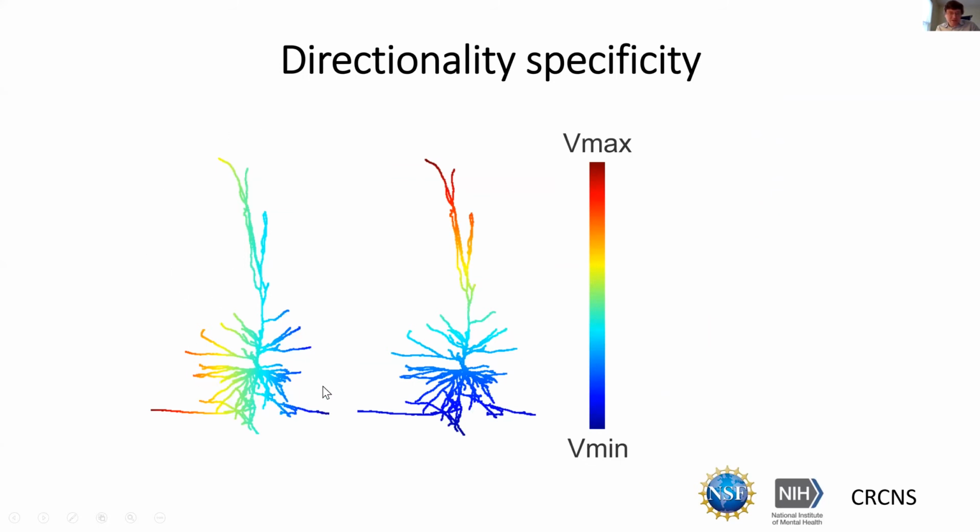You see on the left side a very big difference in coil orientation or electric field orientation. For example, depending on where you have current coming here from left to right, we'll have depolarization at one side, hyperpolarization on the other. And if you rotate it by 90 degrees, you will have a completely different polarization of that neuron.